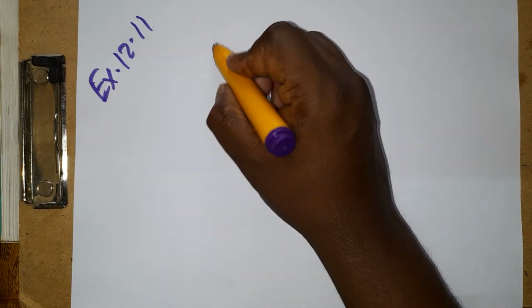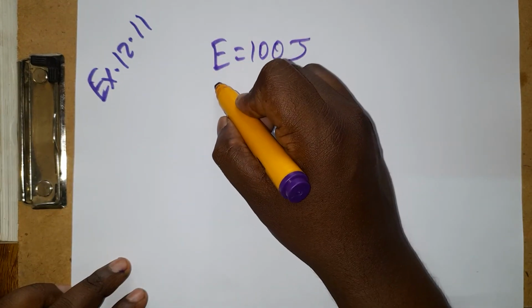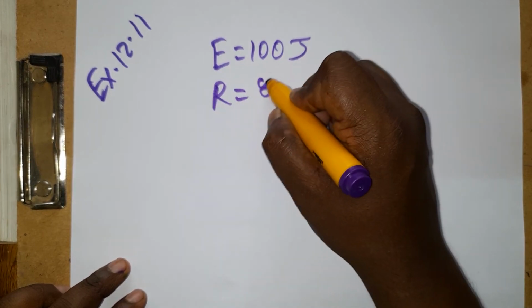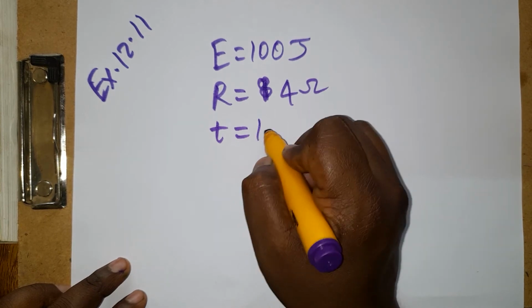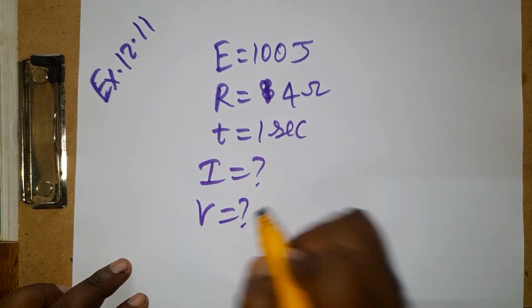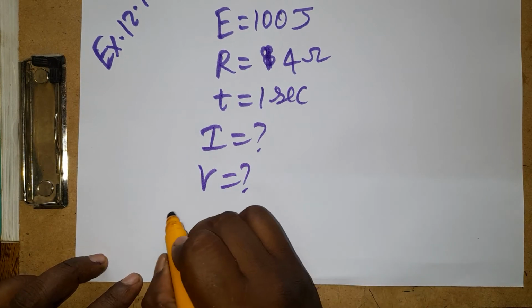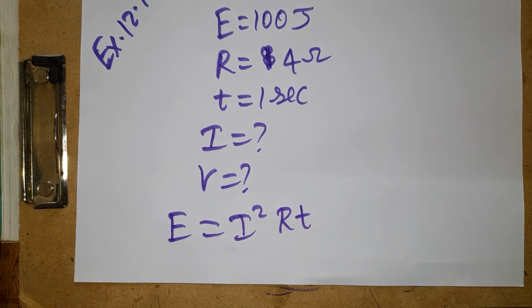Energy is 100 joules, resistance is 4 ohms, and the time is 1 second. They want the current and the voltage. I use the formula, Joule's law of heating, E is equal to I square RT. Why this formula?